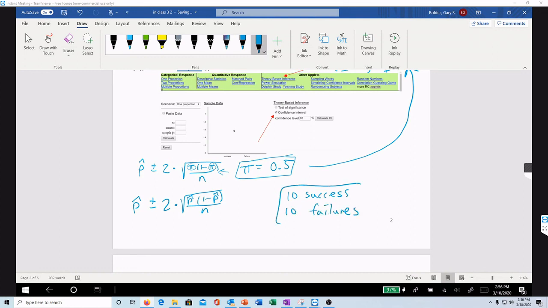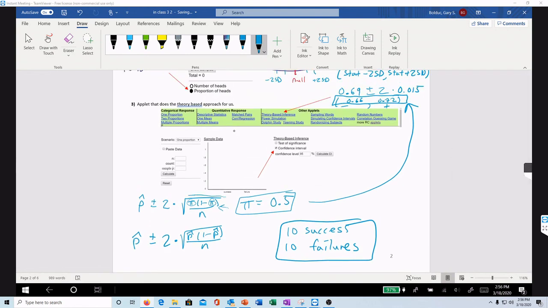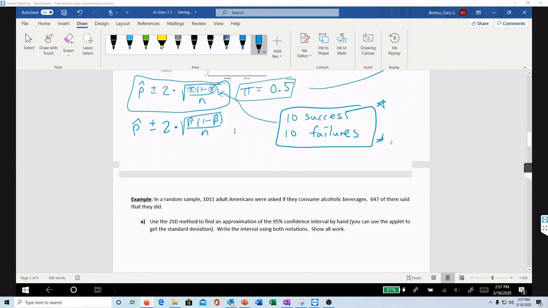If you can check these two boxes, then we're good to go to use this formula. Here's my information, throw it in the formula, and I can give you a confidence interval, no other work necessary. Pretty amazing, pretty nice, but again, we only want to rely on this if we've checked these boxes for the theory-based method.